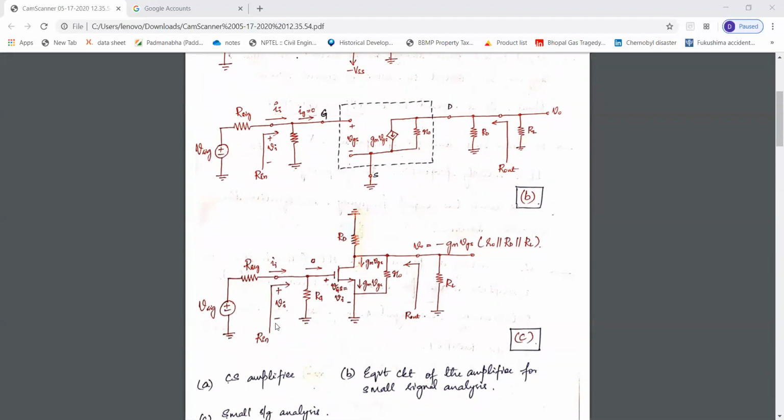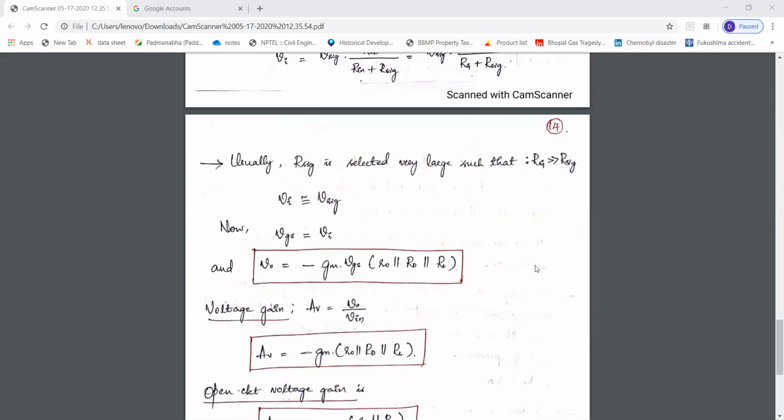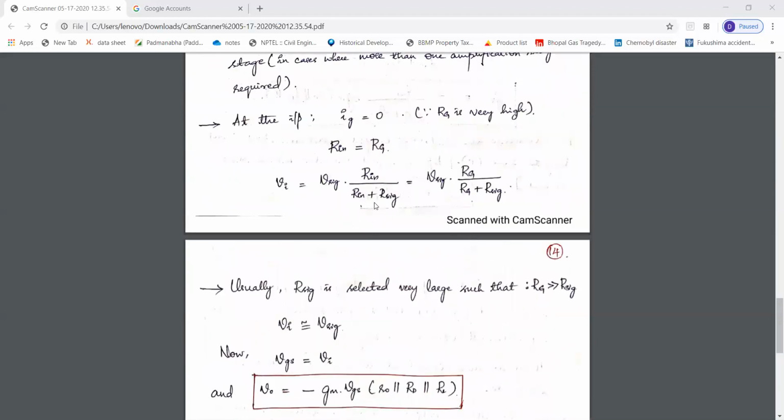This Vi is equal to the voltage across this terminal, Vsig, isn't it, into the resistance across it, Rg, divided by Rsig plus Rg. So Vi is equal to Vsig into Rg divided by Rsig plus Rg. So that is this equation that is written over here.